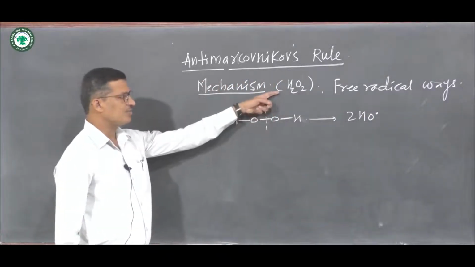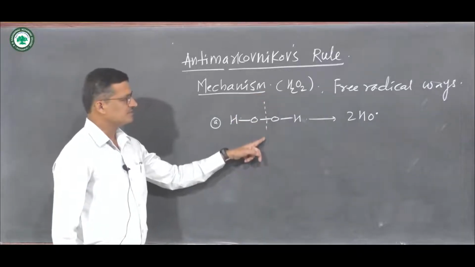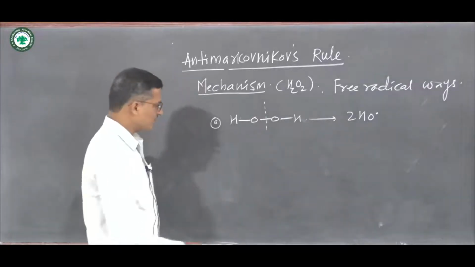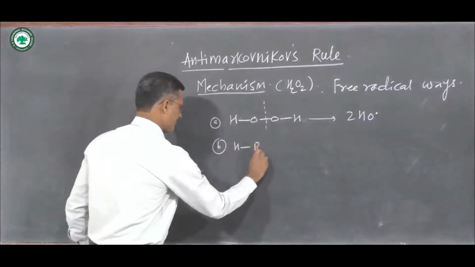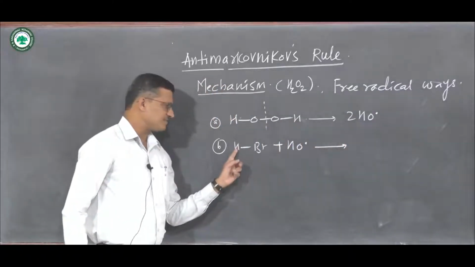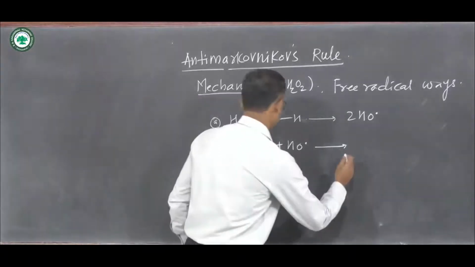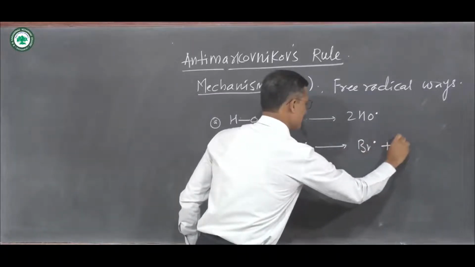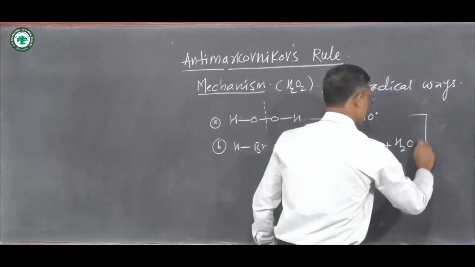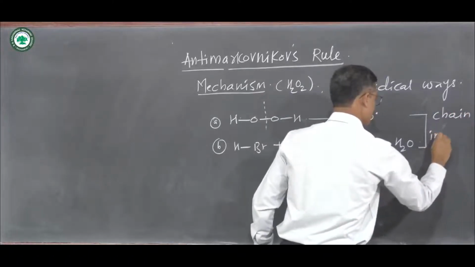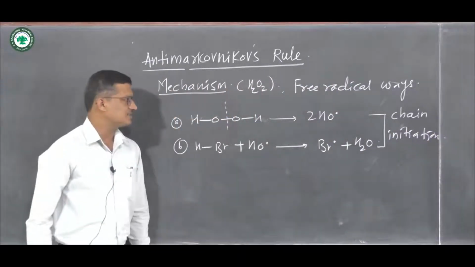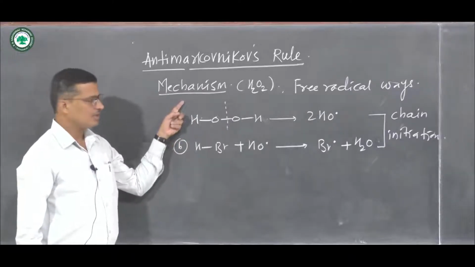When this hydroxy radical reacts with HBr, the hydroxy radical abstracts, or takes, the hydrogen from HBr, and then there is a formation of a Br radical and one water molecule. And this step we call chain initiation.